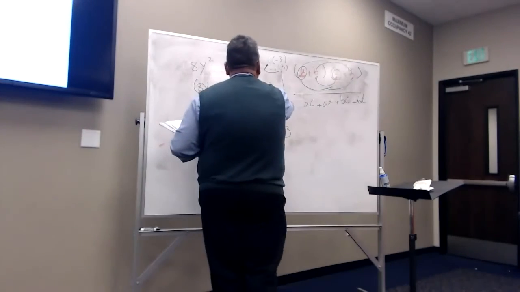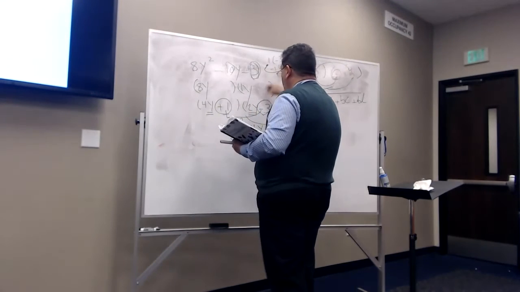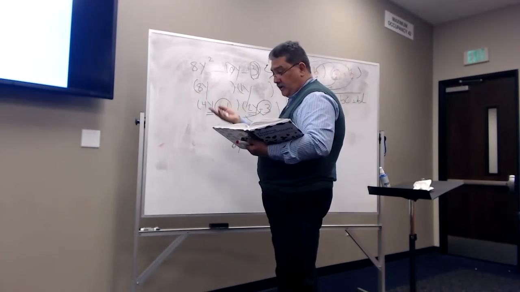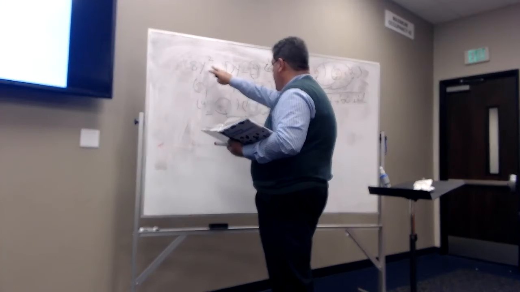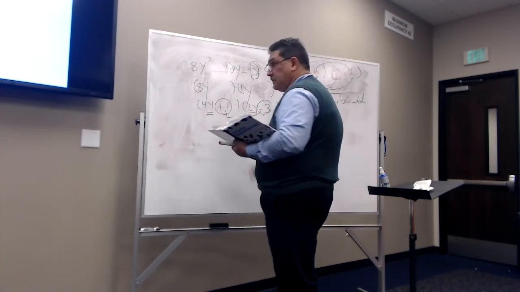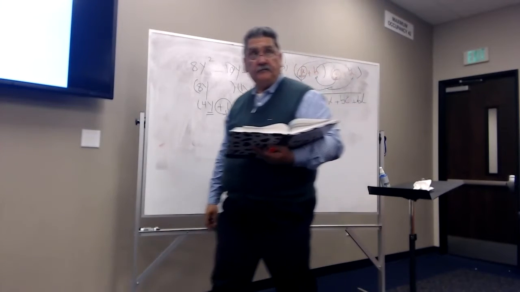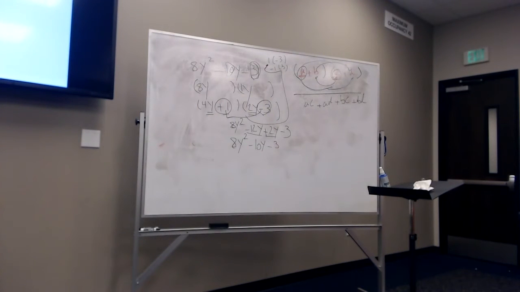Because minus 3 is either 1 times minus 3 or minus 1 times 3. Of all the choices, you have to try all of them. The only one that satisfies all of them is plus 1 and minus 3. Clear? Okay.